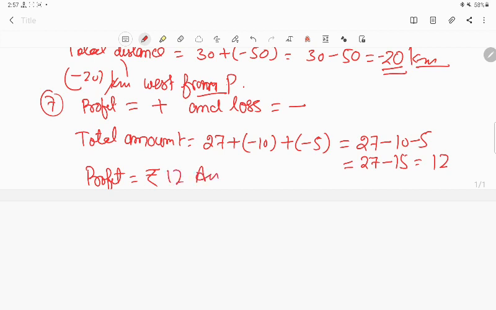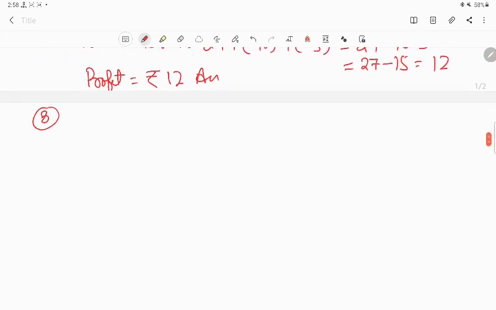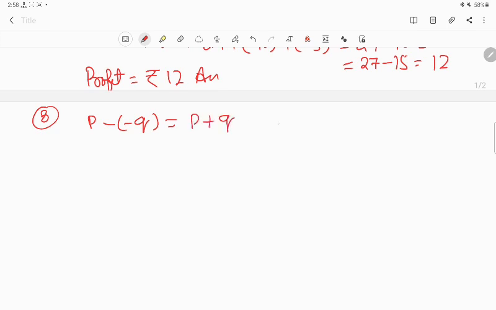And now see question number 8. Verify that P minus Q is equal to P plus Q, for the given values of P and Q: P is 4 and Q is minus 2.